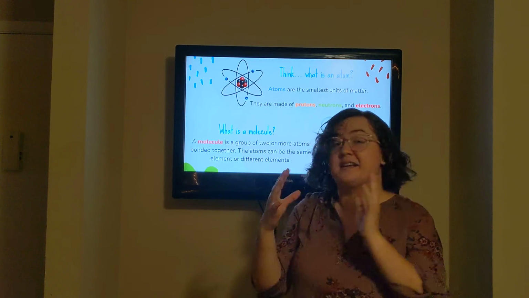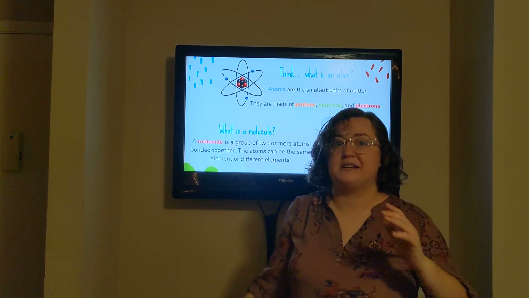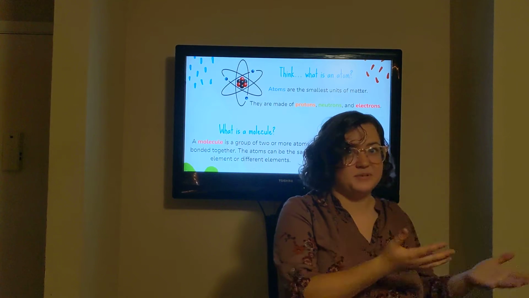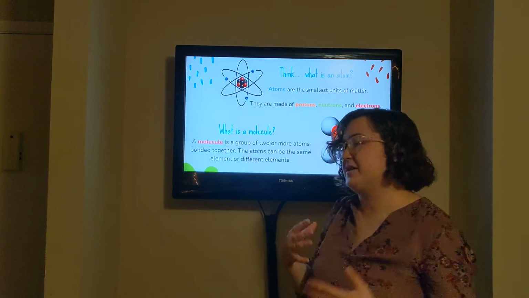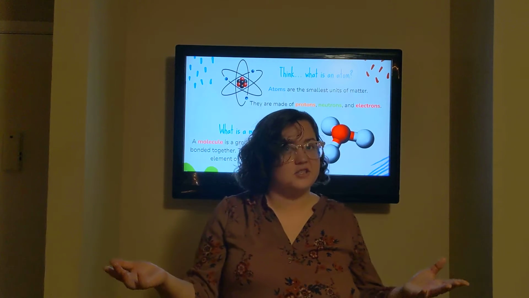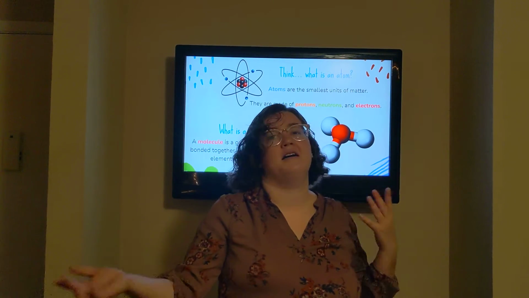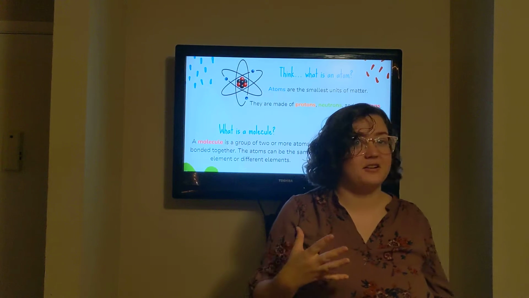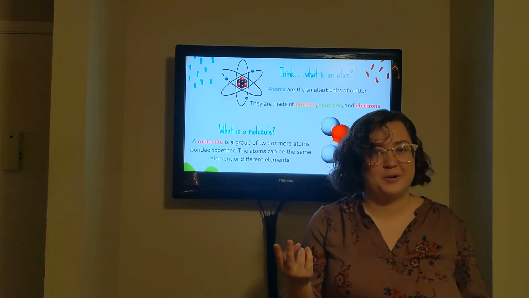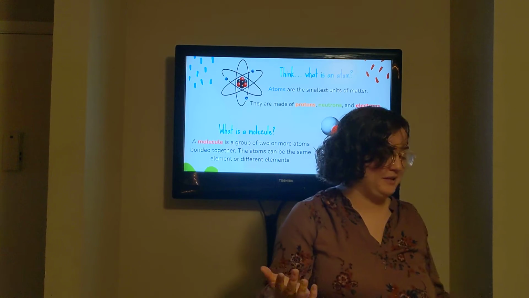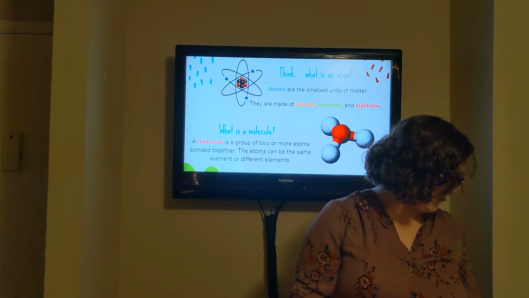And they can be from the same element, so they could be like two hydrogen atoms bonded together, or they could be different elements, so it could be like a carbon and an oxygen to make carbon monoxide, or anything of the other combinations. It doesn't really matter as long as there's two or more, same element, different element, up to you.